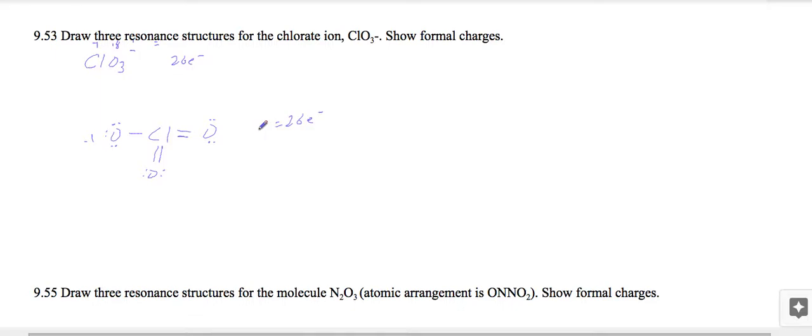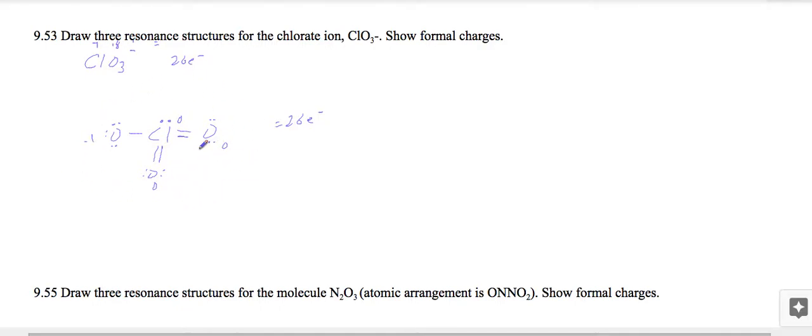Now we still have our 26 valence electrons, but now I have a formal charge of 0 here, 0 here, 0 here, and a -1 formal charge on this side. So that's going to be a preferable Lewis structure to the one previous.